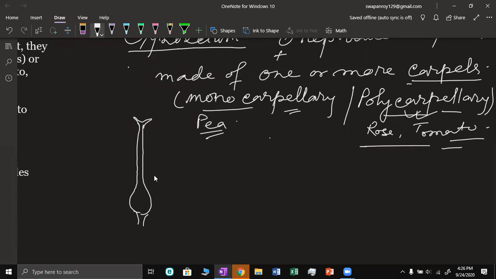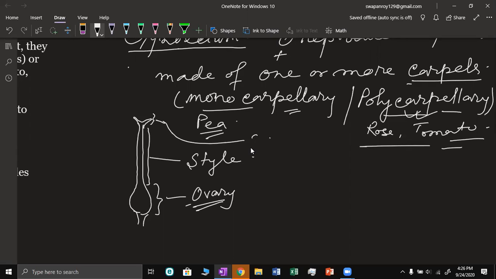It has three parts. One is the basal portion, usually a swollen structure. This is the ovary, the important part. Then at the tip of the ovary, there is usually a thin, long structure known as the style. The style terminates into a very distinct, or sometimes not very distinct, structure known as the stigma.